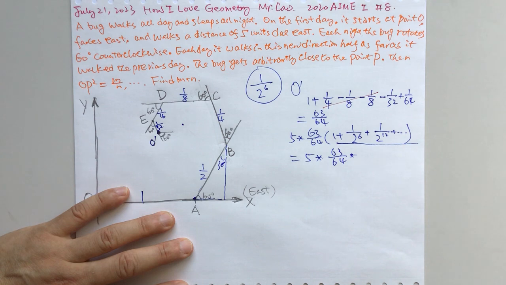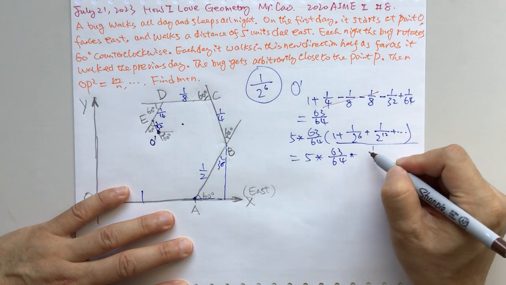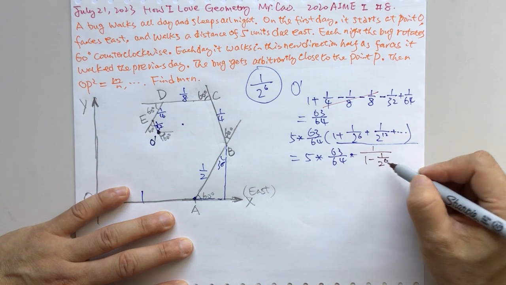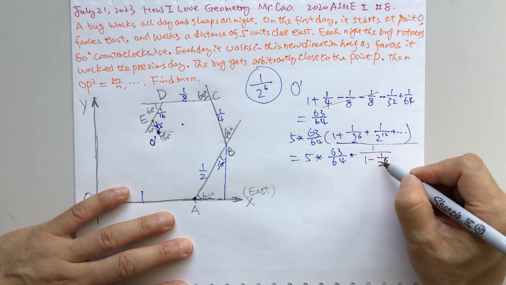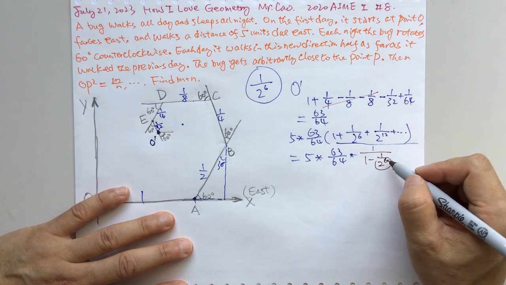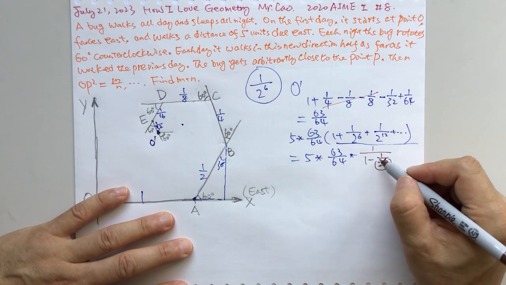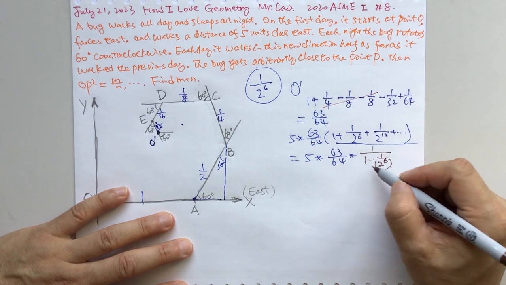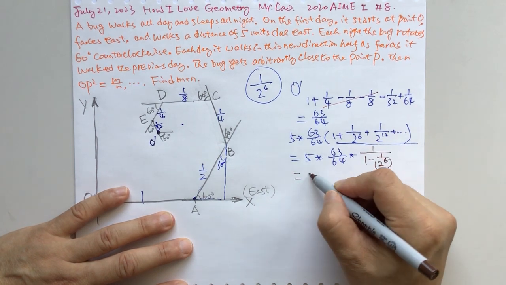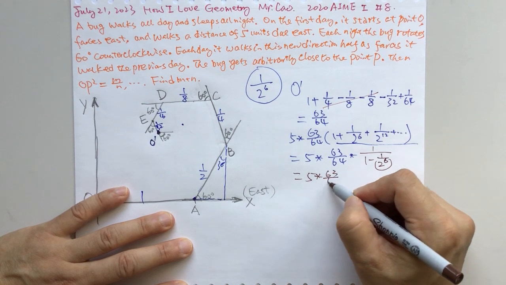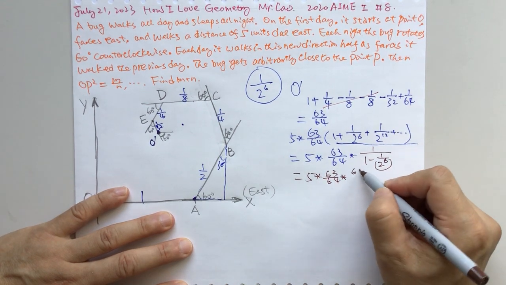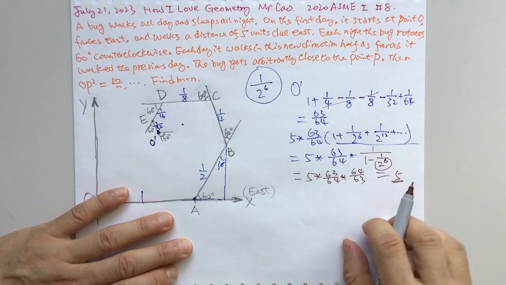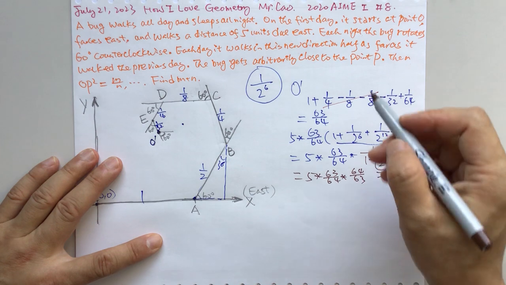We can use the formula for the sum: 1 over 1 minus 1/64, which is 1 over 63/64, the reciprocal 64/63. So it's 5 times 63/64 times 64/63, which is 5.